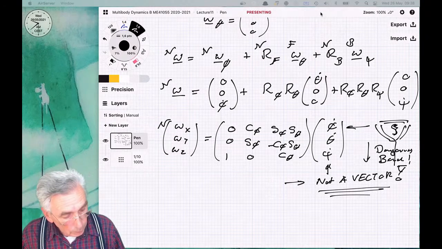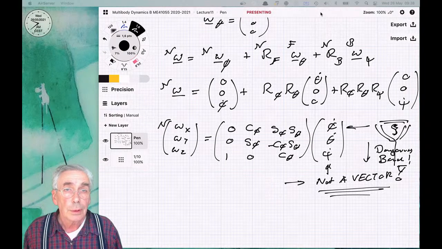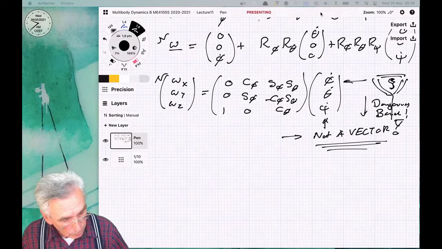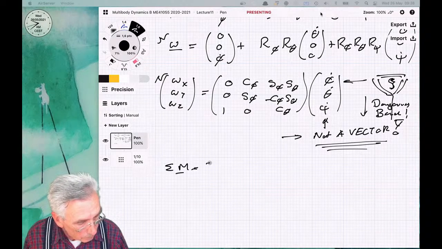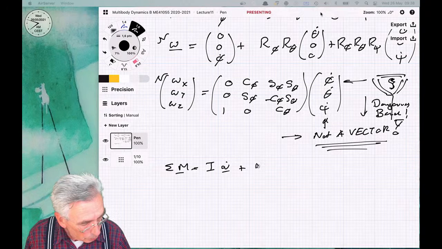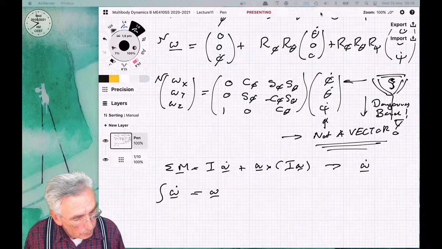Now, usually the game is the other way around, because in your calculation, how does it go? We have our Euler equation, sum of the torques, I omega dot plus omega cross I omega. From this we get our omega dot, and then we integrate omega dot and get our omega.